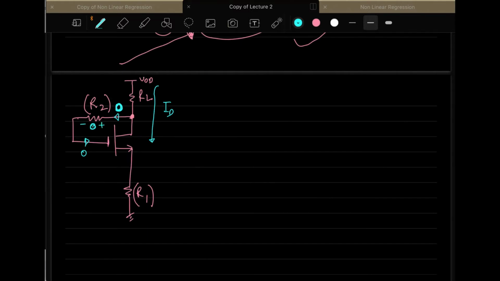There is no drop here. So whatever voltage you have at this point, the same voltage will be at this point. So this is in some way equivalent to a diode connected transistor. Everybody agrees with that? It is in some way equivalent to that. Yes, sir. Because the resistance times I will be 0, it's a short circuit. So it's a diode connected transistor.